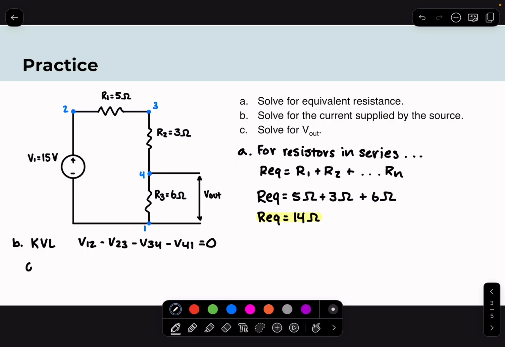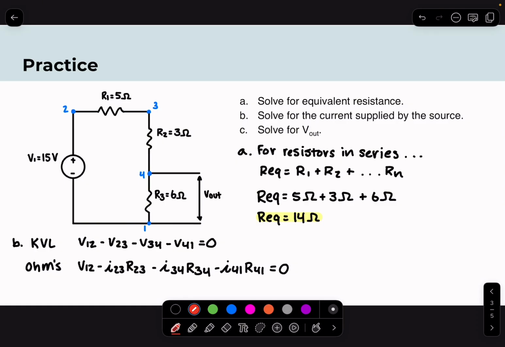Then we'll apply Ohm's law. So the voltage from 1 to 2 minus the current 2 to 3, resistance from node 2 to 3, and so on, all equal to 0.